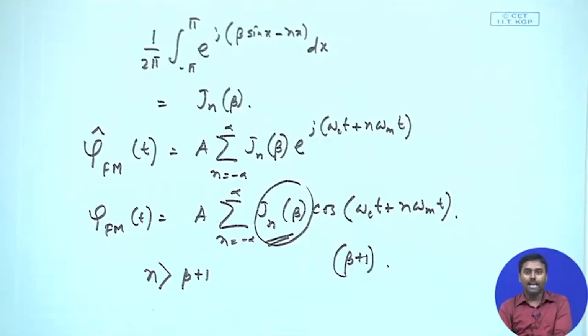So, for every value of n, the overall significant term we can actually evaluate. The significant sideband should be up to β plus 1, and that β value is defined already. β is coming from the FM modulation, Δf I have given, and the bandwidth of this one. So, once I provide a β value, I know n beyond β plus 1 becomes insignificant.